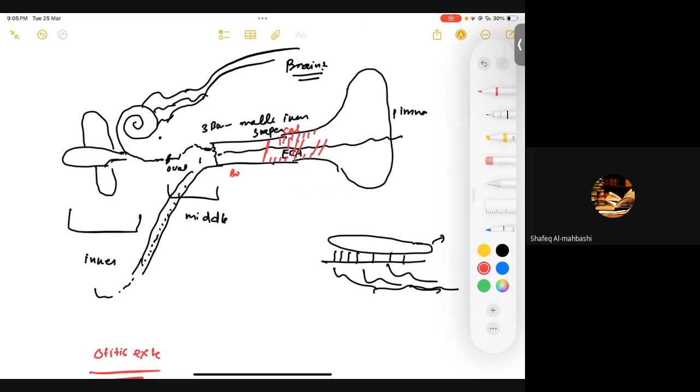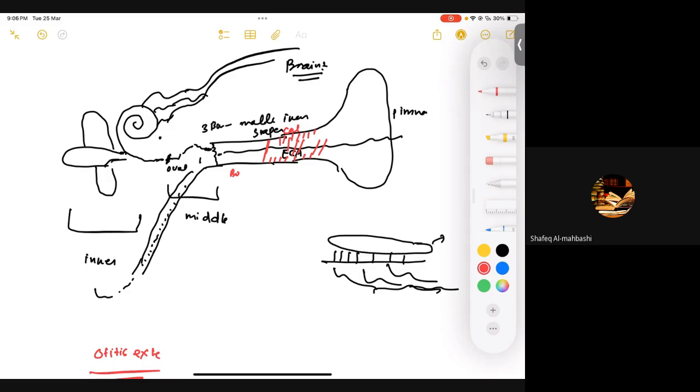They also produce something known as wax, which contains a substance known as cerumen, right? They are basically modified apocrine glands that make cerumen, which is very important to keep an environment within the ear in which bacteria cannot survive. So we have hairs there as well.